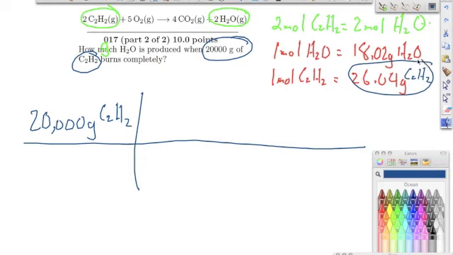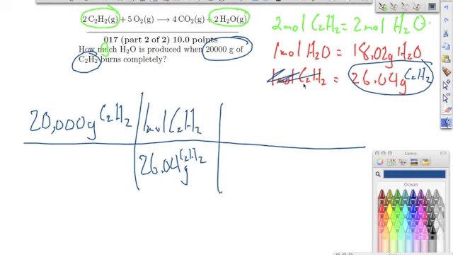So we put that on the bottom, 26.04 grams of C2H2. Put the other half on top, 1 mole of C2H2, and we keep going. Once we use it, we lose it. The only thing that says moles of C2H2 is right here.